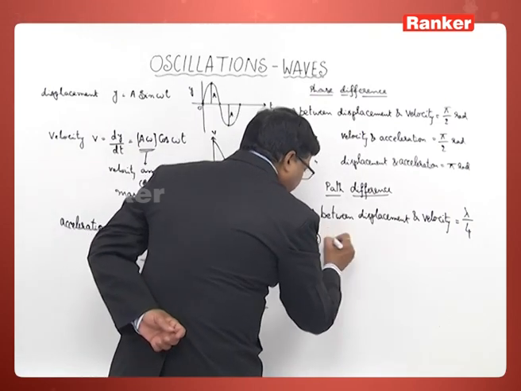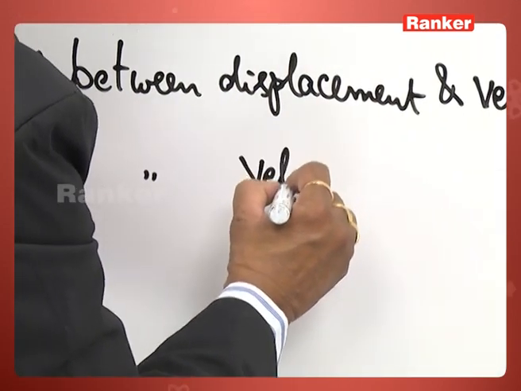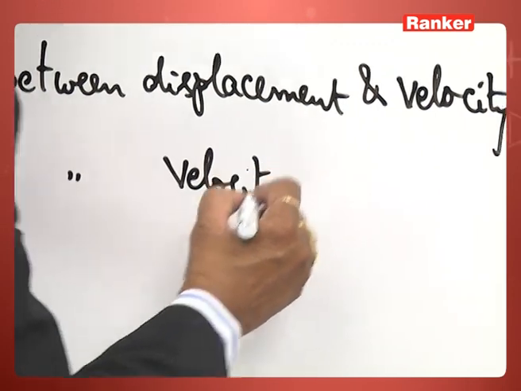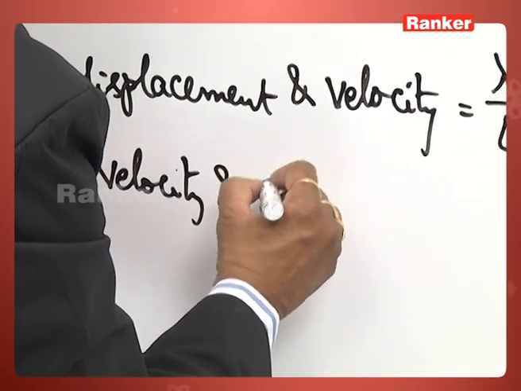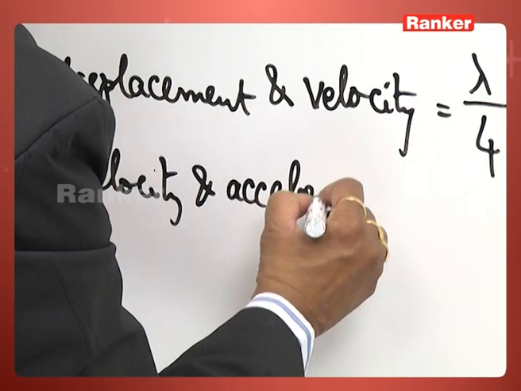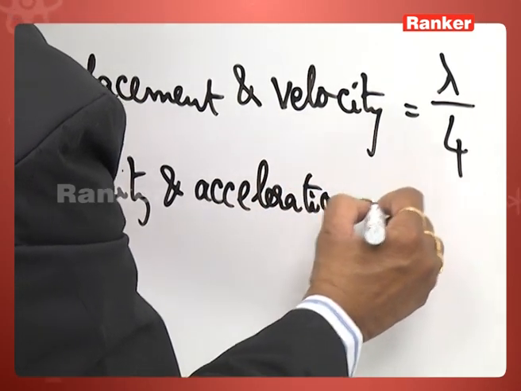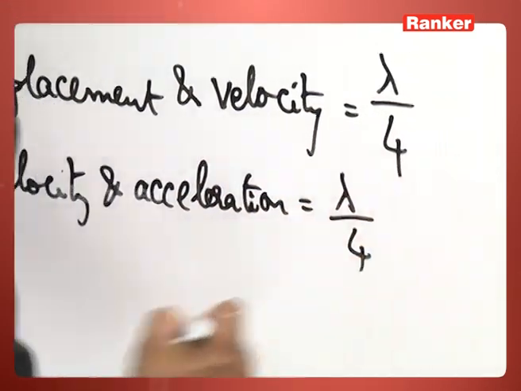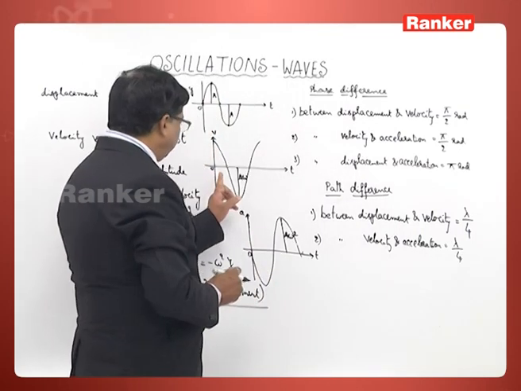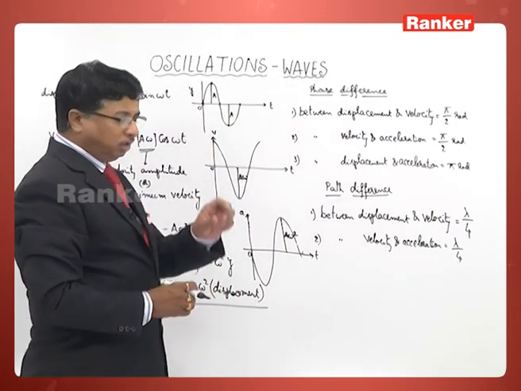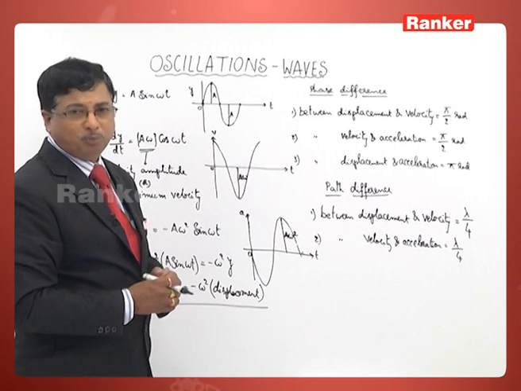Similarly, the second one, between velocity and acceleration. This also is going to be lambda by 4, because even between the second graph and third graph the gap is 1/4 of a wave.